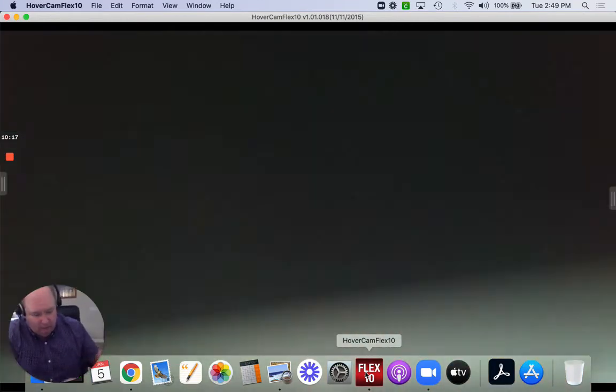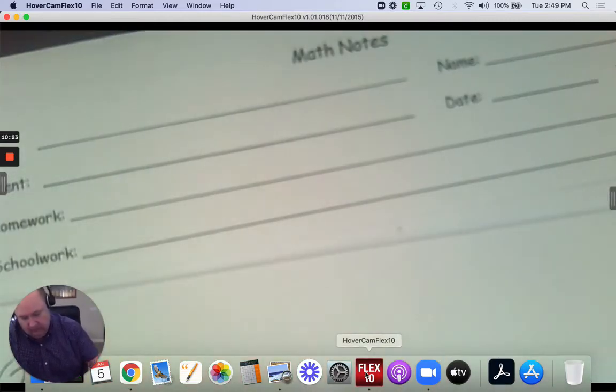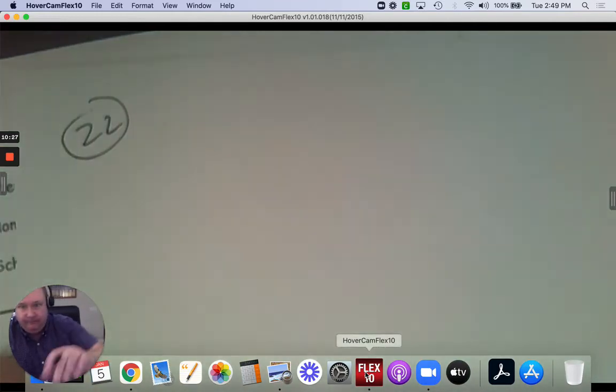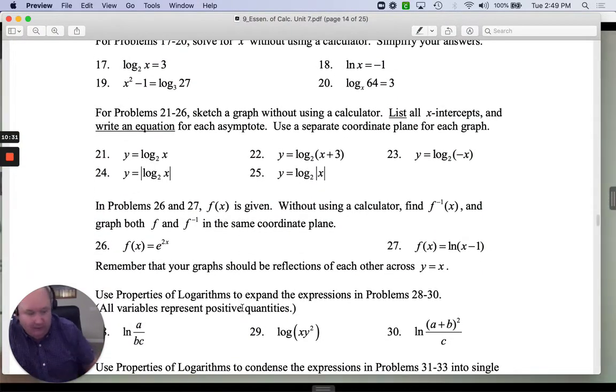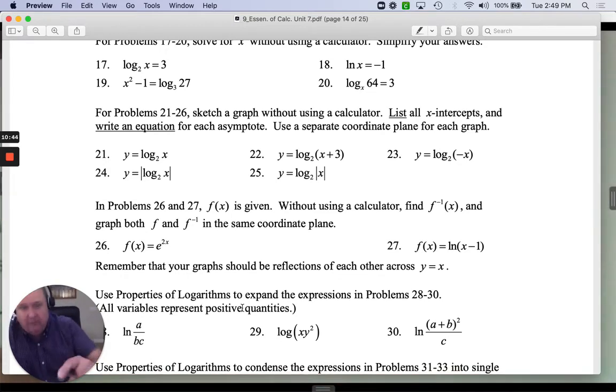Number 22. So we have y equals log, the base is 2, and then x plus 3. And I want to graph that. So again, I'm going to start with what I just did, and I'm going to transform it.